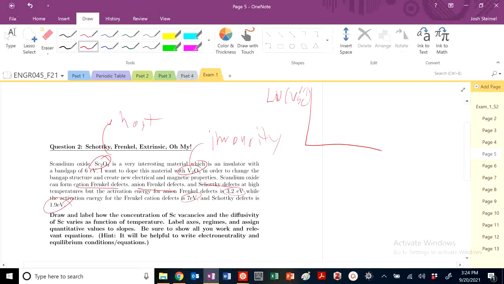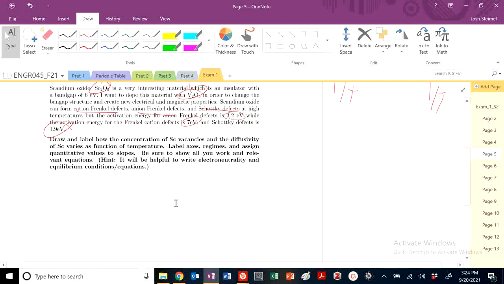So the natural log of the concentrations of these defects versus 1 over T. At high temperatures it's going to be intrinsic reaction dominated, and the same thing here for the diffusivity of scandium: natural log of diffusivity of Sc versus 1 over T, intrinsic and extrinsic, and there we go.